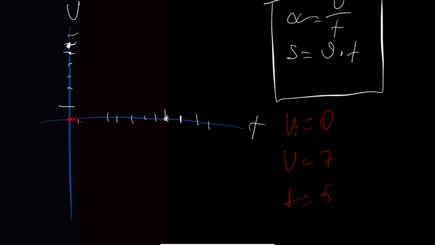Logically speaking, it would be velocity times time, but this case is different because the velocity is changing, and the final velocity would be on the 5th second. That would be 1 2 3 4 5, the final point, and here is 7. So that would be like this.